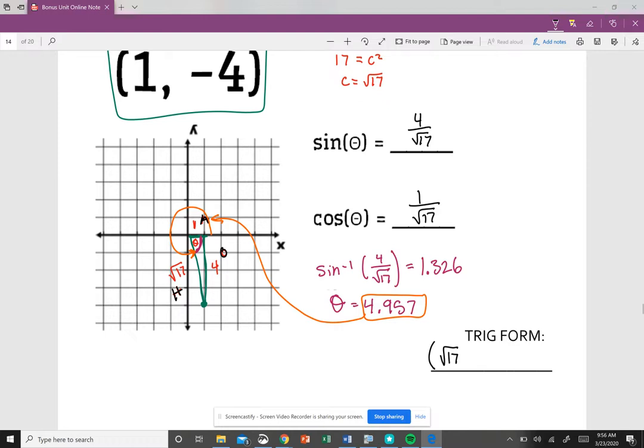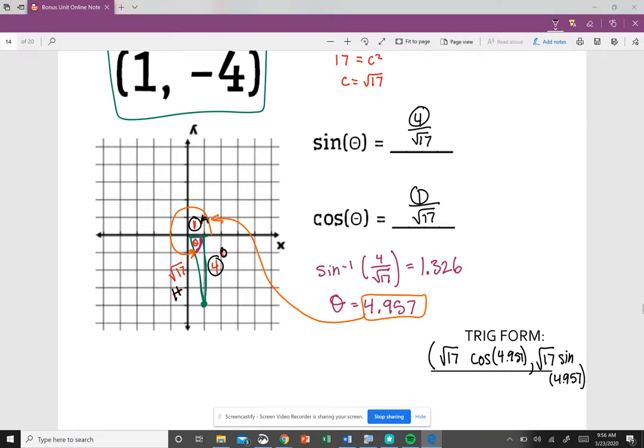Notice that one is x, 4 is y, so cosine is x, sine is y. Okay, so now we do cosine of 4.957, and then the other one is going to be the square root 17 sine 4.957.